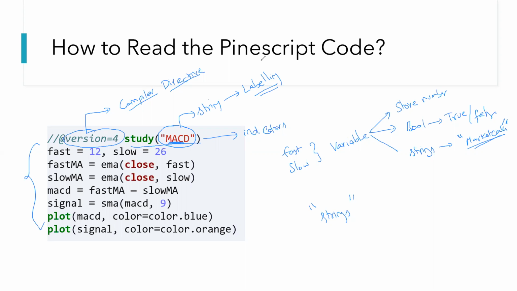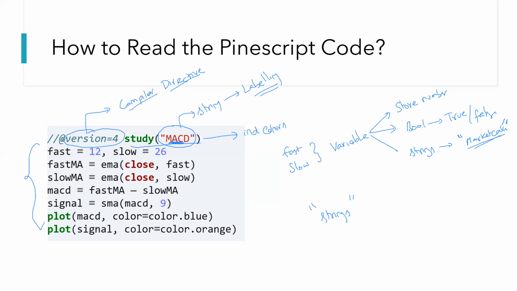Labeling is mostly for our reference, what this code is doing or what this particular code is trying to do. So there are various places you have to give the labeling so that by looking into the code itself, one can understand, oh, this is what we are trying to compute, the MACD. That kind of information we can gather from this particular code.